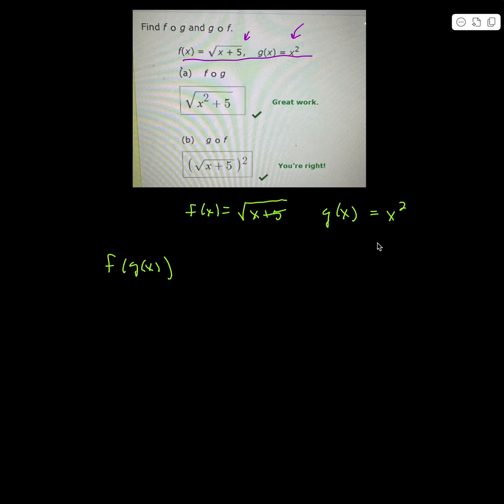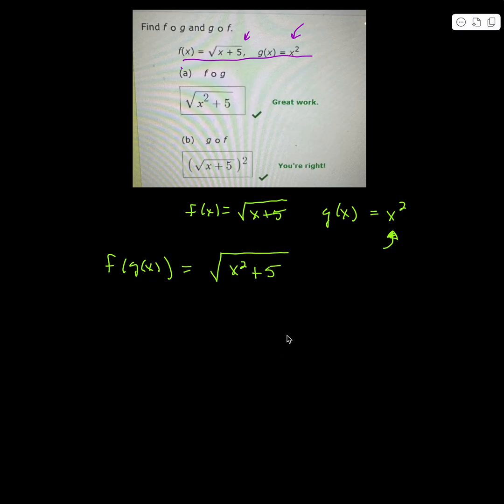What's going inside? Well, x squared is going inside. There's no restriction on x squared, so there's nothing we have to worry about. f is the outside function, so for the time being, we don't have to worry about it. So f of g of x would be the square root of x squared plus 5.